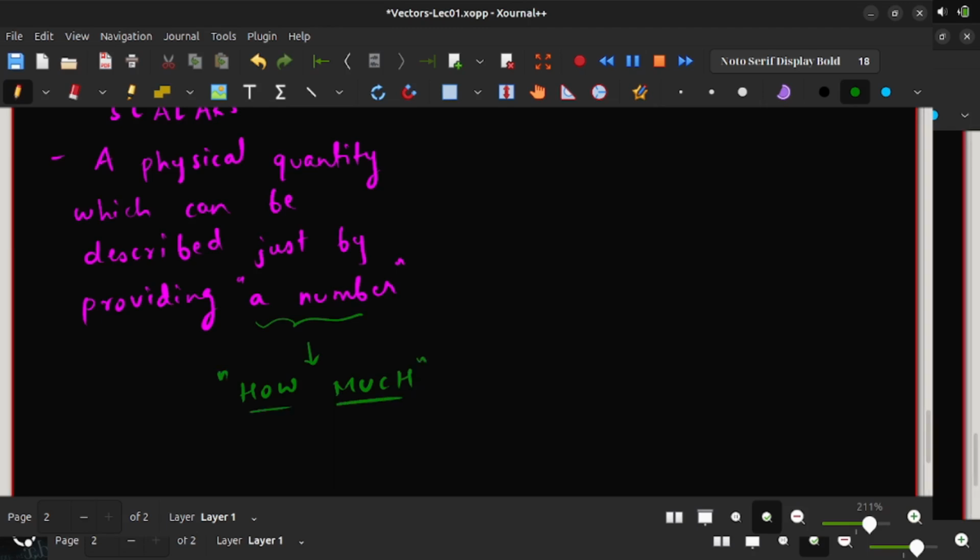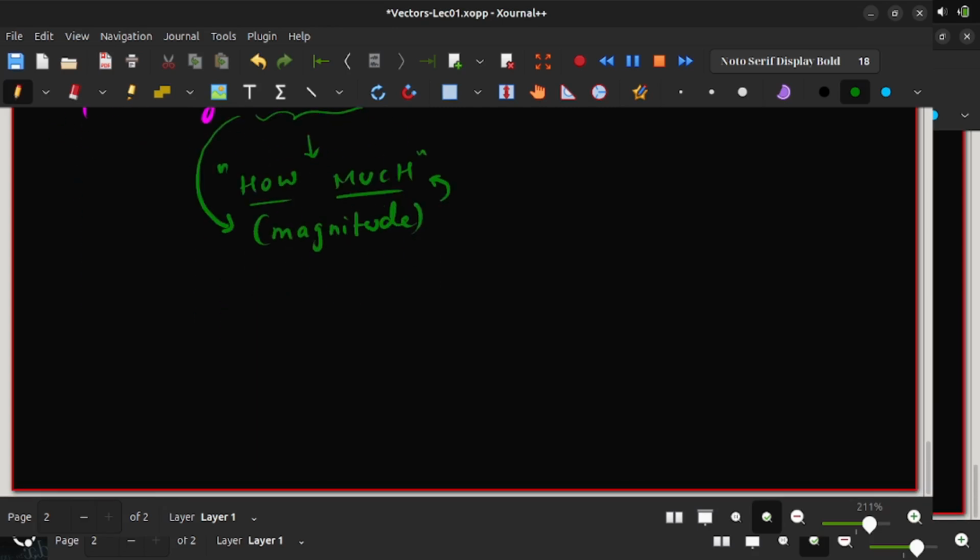I will later describe this number by something called the magnitude. I have not defined it formally, so I'm not using the word, but formally you should really write here by providing a magnitude only. In a broad sense, magnitude also talks about how much of a quantity there is.